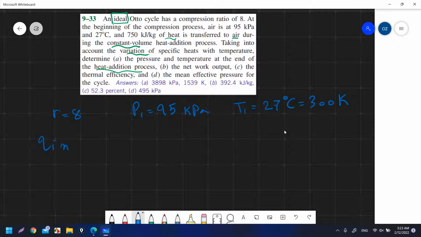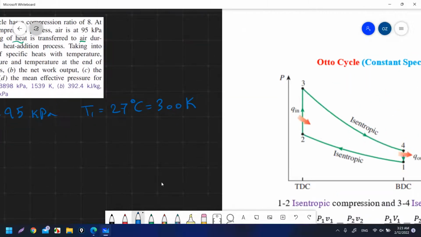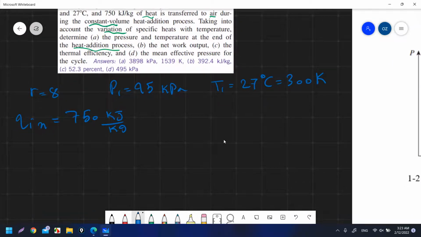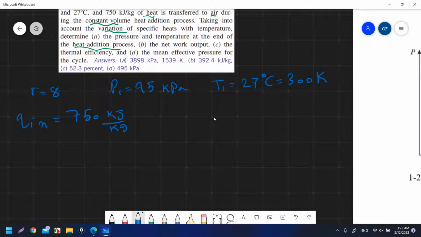Qin is 750 kilojoule per kilogram of heat transferred to the air during the constant volume heat addition process, from 2 to 3. In part A, we assume constant specific heats.